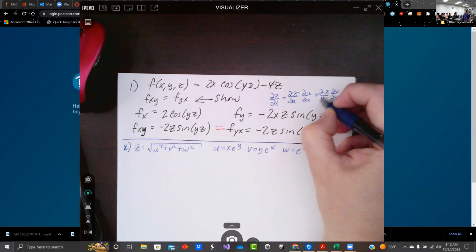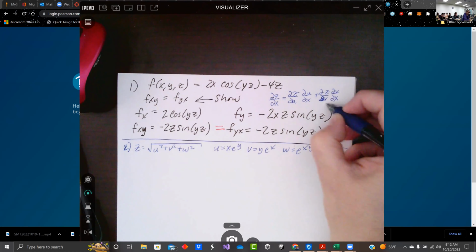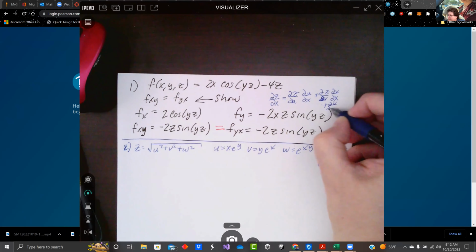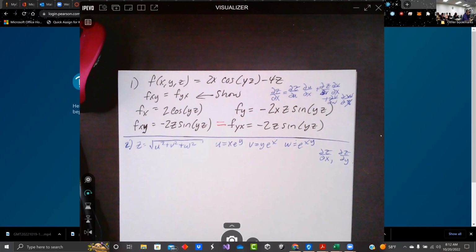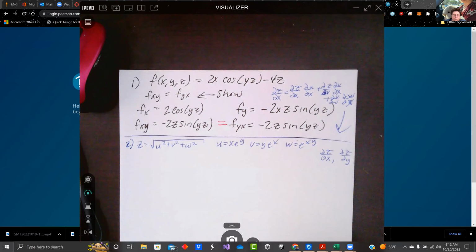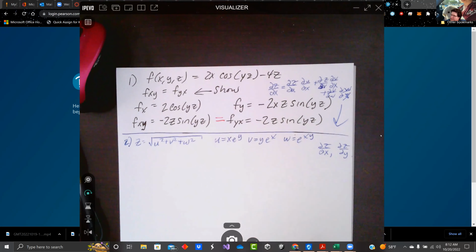You just put it into that. I put it where it's going to be because this problem takes up more room, so I didn't want to write it where I was going to be writing.